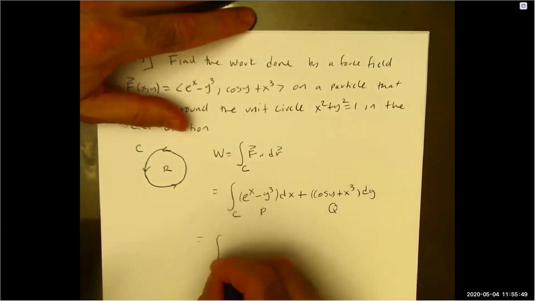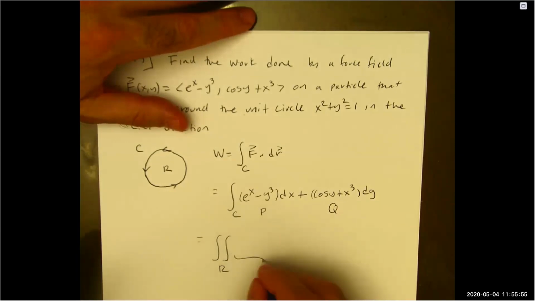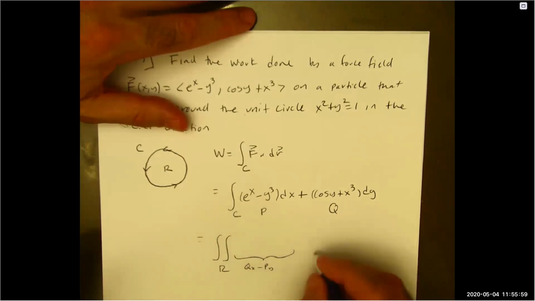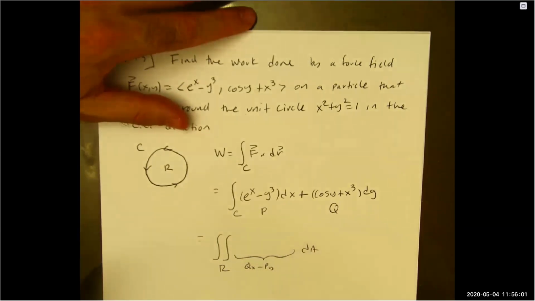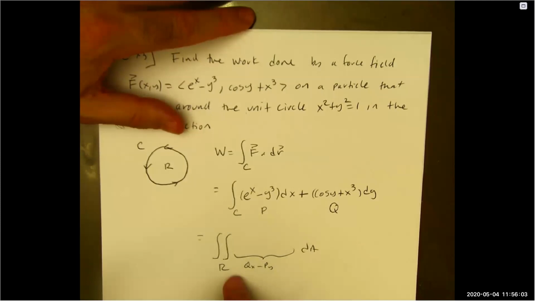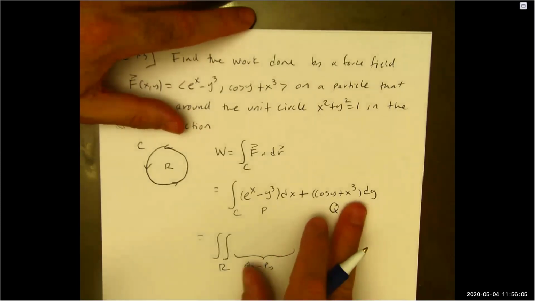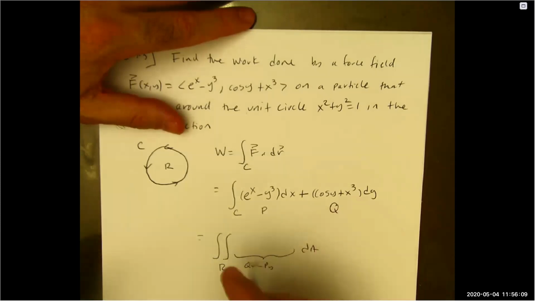So if we change this to Green's theorem, remember that we're going to have the Q_x minus P_y dA. And so Q_x would be what? Q_x is 3x squared.